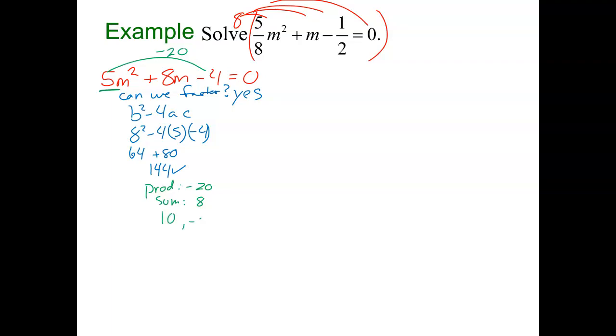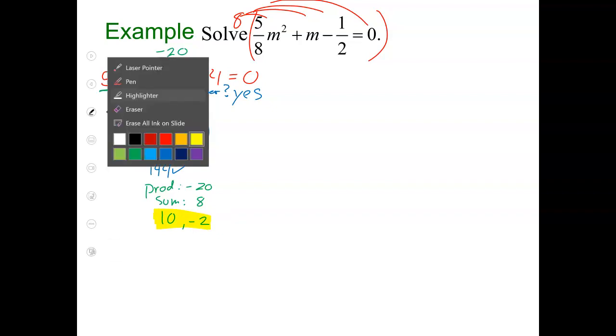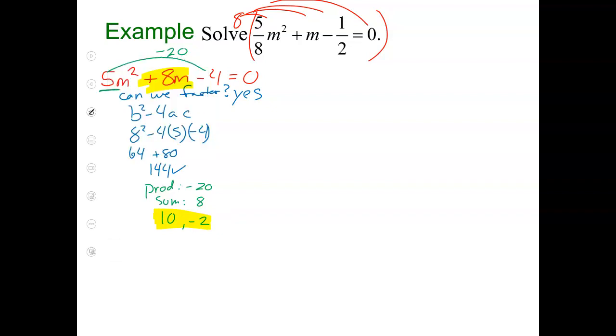Oh. 10, -2. So we can split 8m, 5m squared plus 10m minus 2m minus 4 equals 0.